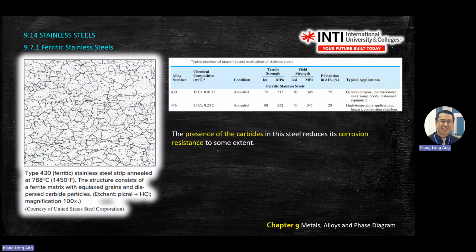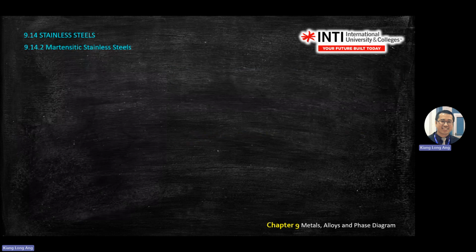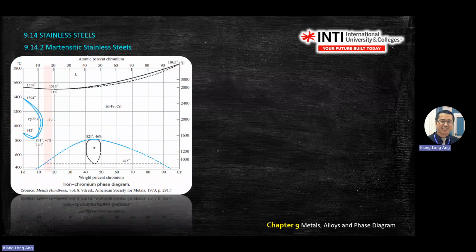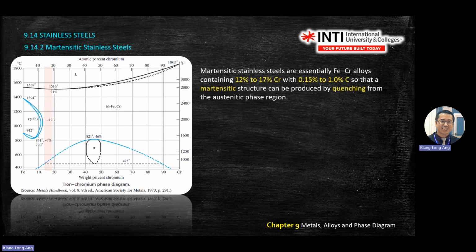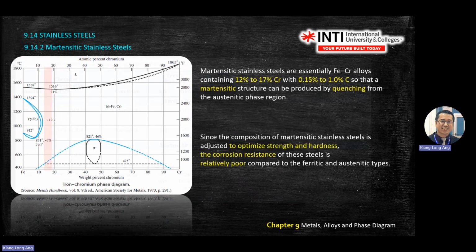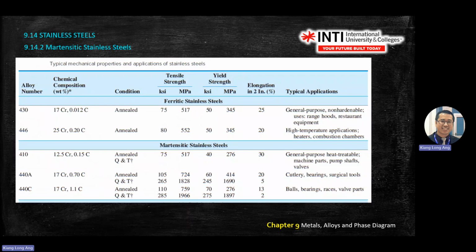The word you see in the encyclopedia, annealed, is heat treatment. It means heat treatment. Okay, the rest you read. So a certain type of process gives you a certain type of stainless steel.